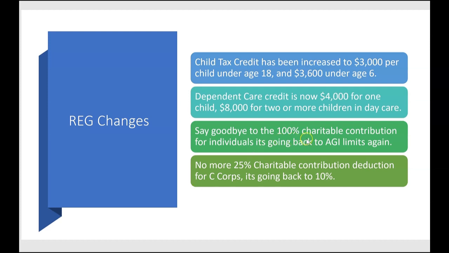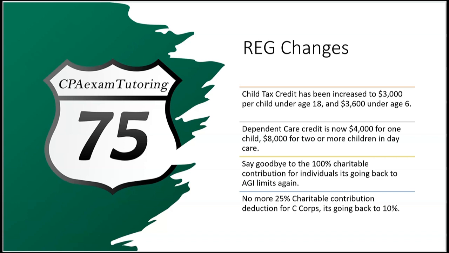Say goodbye to the 100% charitable contribution for individuals. It's going back to AGI limits again. No more 25% charitable contribution deduction for C Corps. It's going back to 10%. The last two were temporary fixes for a while during COVID to encourage more charitable giving. So all they're doing on these last two items are rolling back the old rules prior to COVID. The I-75 course has you covered.